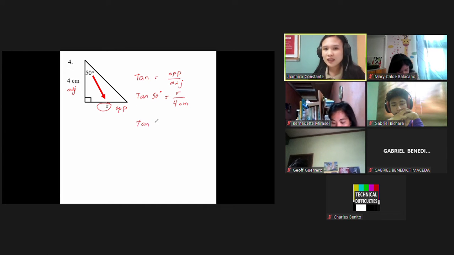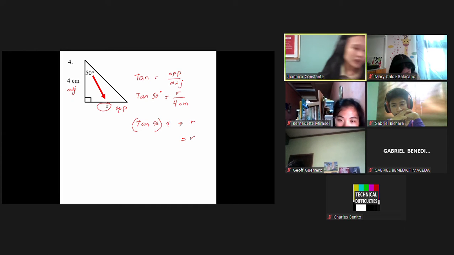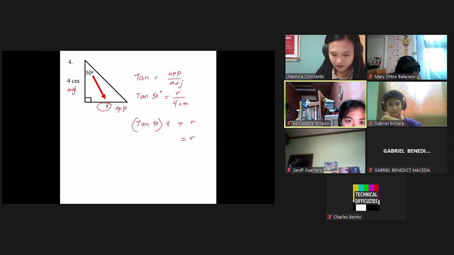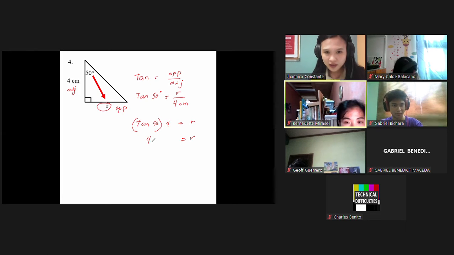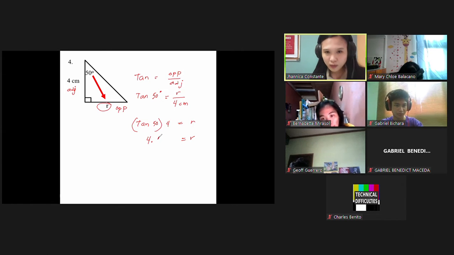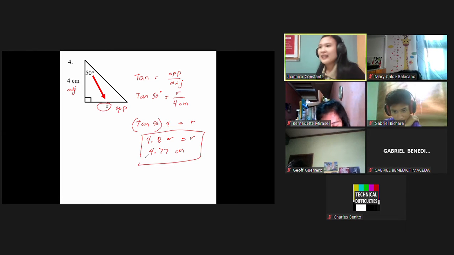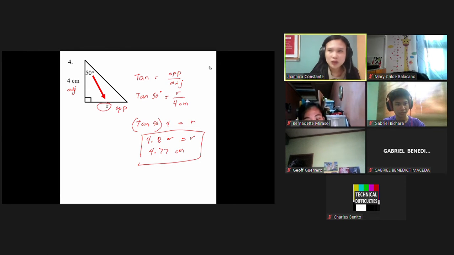So tan 50 degrees times 4 centimeter is equal to R. So R has a measurement of 4.8, or 4.77 centimeter. So that's the measurement of the side R that we have. So we're going to use a tangent.